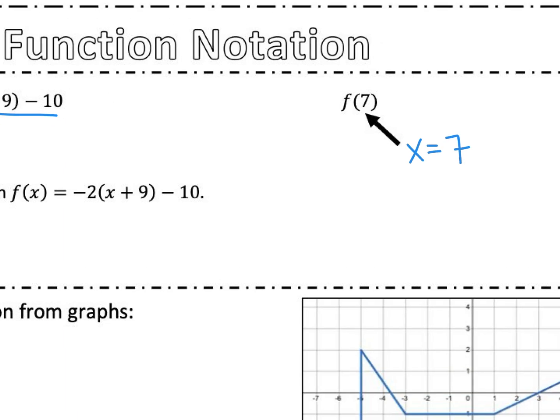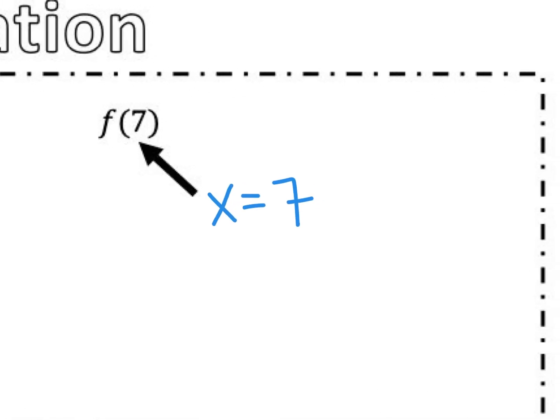Now, let me elaborate on that so you can remember this. If I wrote above it f parentheses x, right? Because that's the format, f of x, and instead of x, they're putting a 7. I want you to realize that right here, the 7 is where the x is.